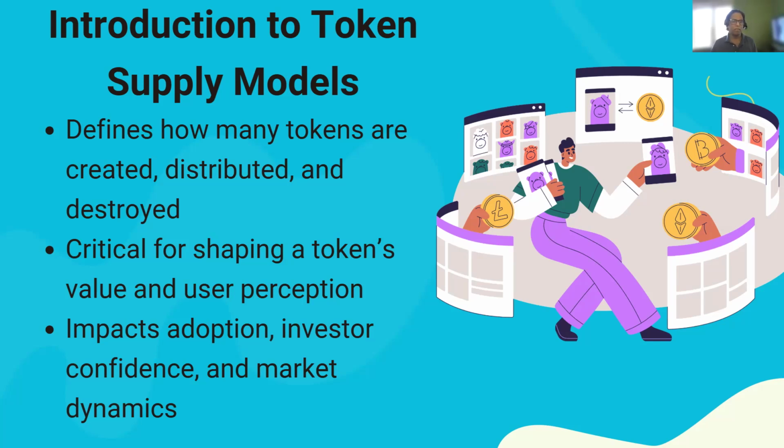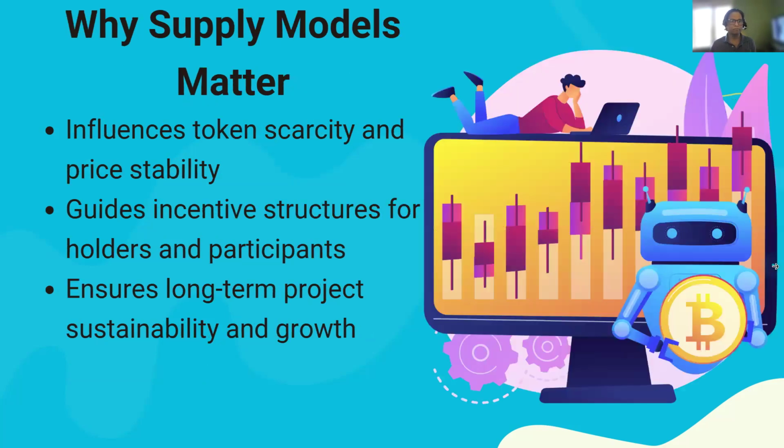Based on the supply model you choose, your tokenomics can improve the value and attract more and more users, or it may be a complete disaster. So make sure you understand these concepts so that you can apply them during the token design process.